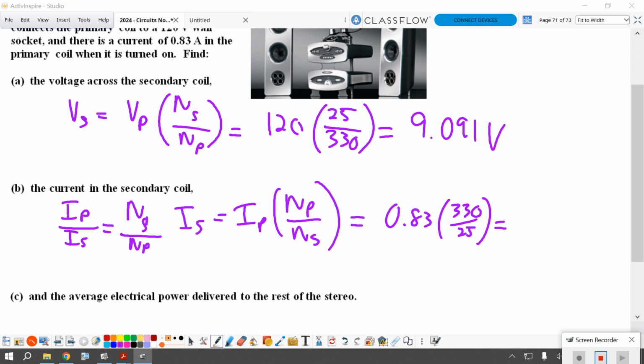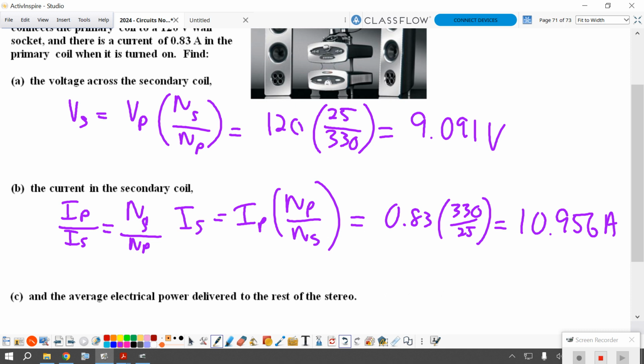Let me know. 10.96 amps. Ladies and gentlemen, do we agree with that? Go to 3 decimal places. All right, good. You said 10.956 amps. Now do we agree? Yeah. Okay. Cool.